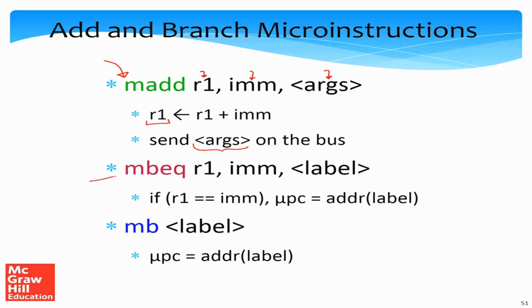Similarly, we have MBEQ. MBEQ is a micro branch if there is an equality. So we specify a register, specify an immediate, and a label, a micro label rather. If R1 is equal to immediate, which means the contents of R1 are the same as the contents of IM, we set the micro PC in the micro program to the address of this label.